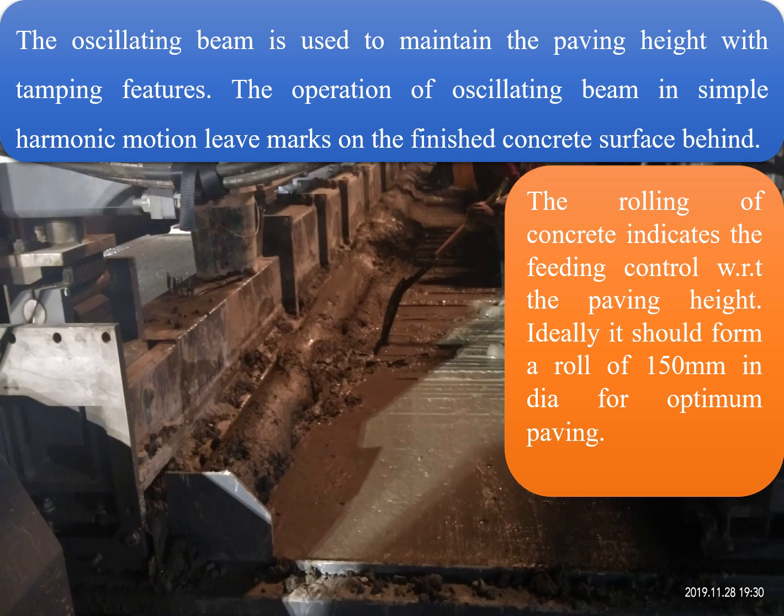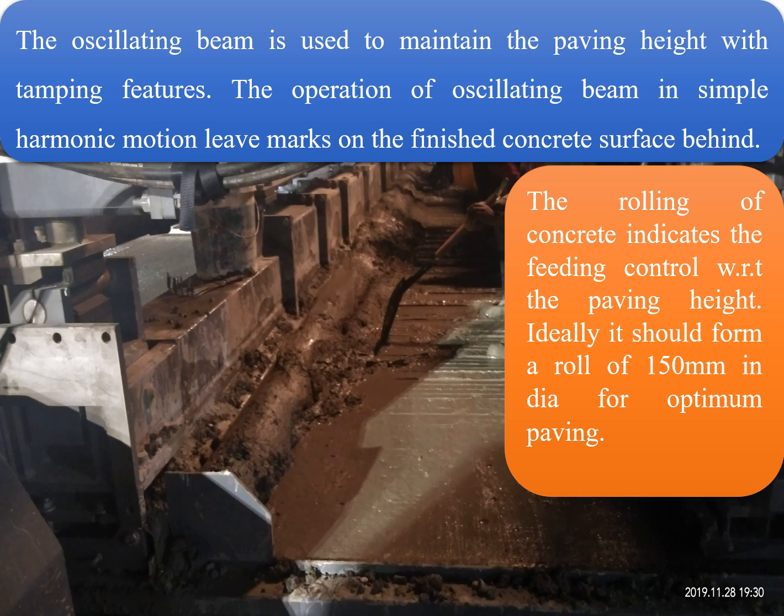Ideally, in front of the oscillating beam, you should have a formation of concrete in a circular ring shape with a diameter of 150 millimeters, showing the consistency of the mix. It shows that the paving is being carried out smoothly without any loss of workability and without much variation in the feeding quantities.